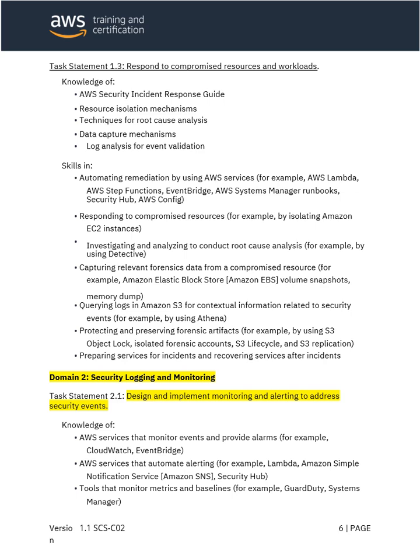For example, if you have a brute force attack, or if somebody is trying to penetrate some of your EC2 machines from a couple of IPs, how will you make sure that you restrict those IPs? If somebody has hacked your EC2 machine, how will you respond? It also requires knowledge of the security incident response guide.